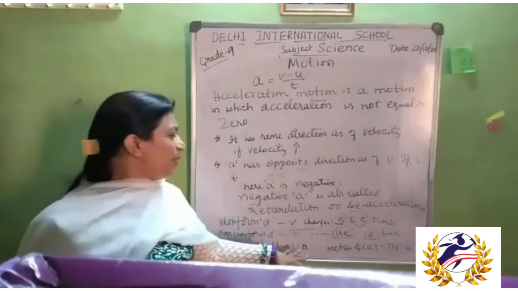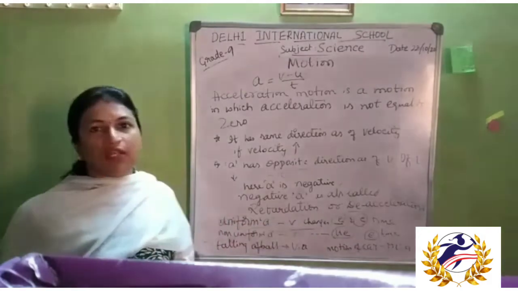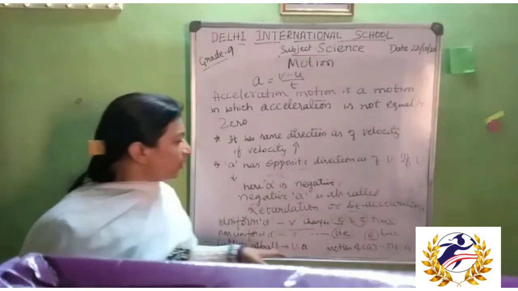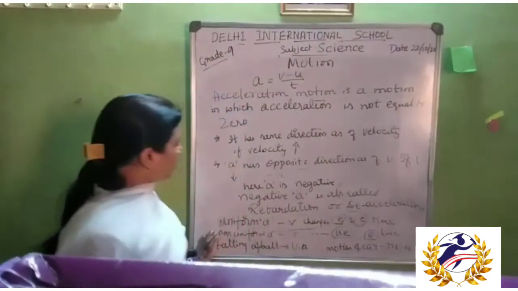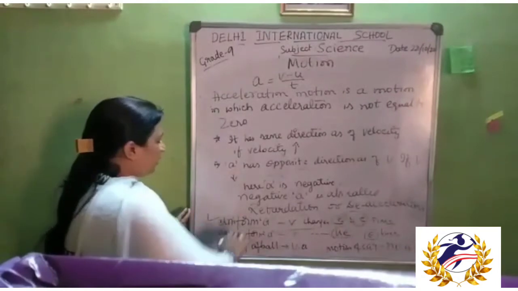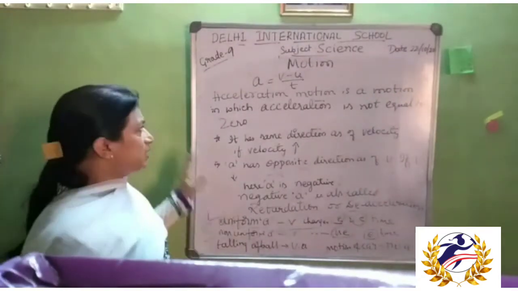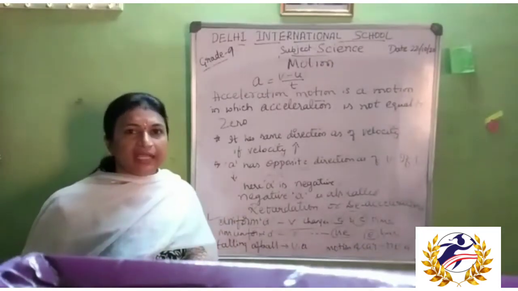So it is non-uniform acceleration. It covers unequal distance in equal intervals of time. The difference between uniform and non-uniform acceleration is the same as uniform motion and non-uniform motion. Okay, this is all about acceleration.